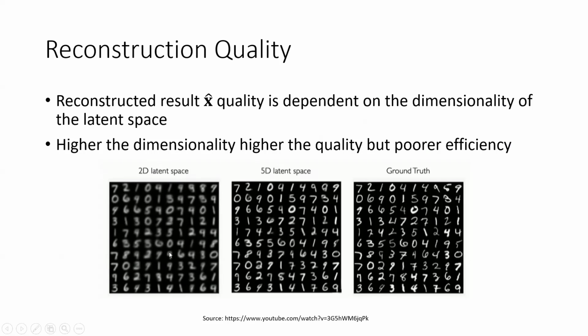That is why you can still read the X hat value, the output value, even when the latent space is reduced by more than half, from 5 to 2, because it can compress the information while preserving the most significant information.